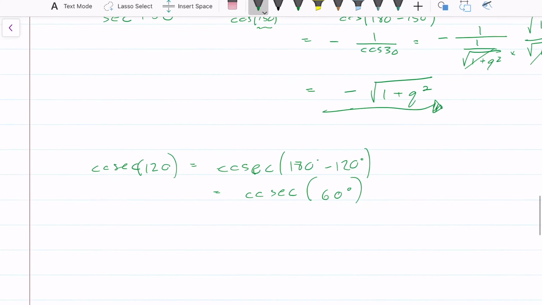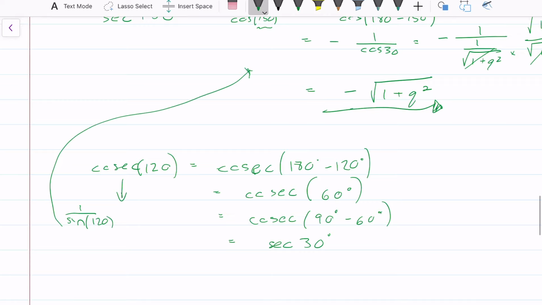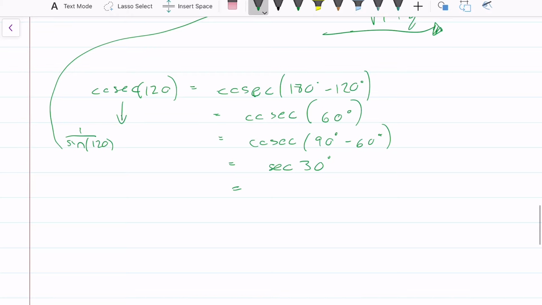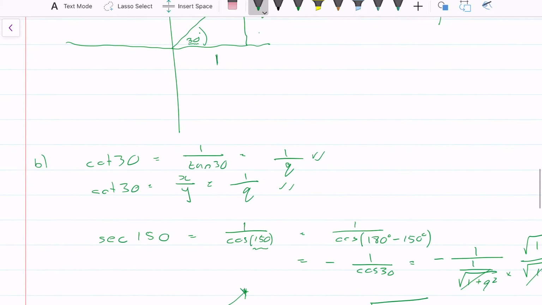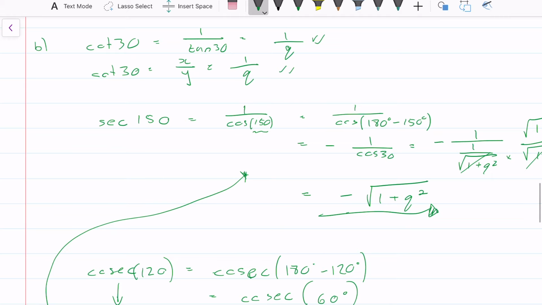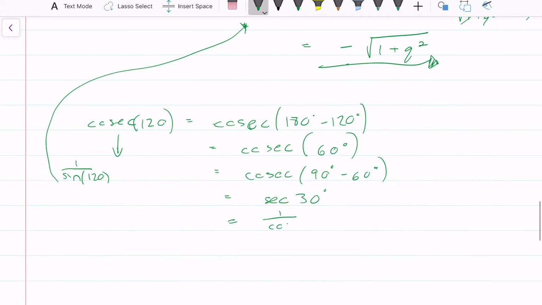We want a 30, so what we're going to do is take 90 degrees minus 60 degrees, which gives us sec of 30 degrees. If you're not comfortable doing it that way, you can write this as 1 over sine 120 and follow a similar approach to what we did there. But sec 30 is going to be exactly 1 over cos 30, which is actually what we had before without the negative sign, which is the square root of 1 plus q squared.